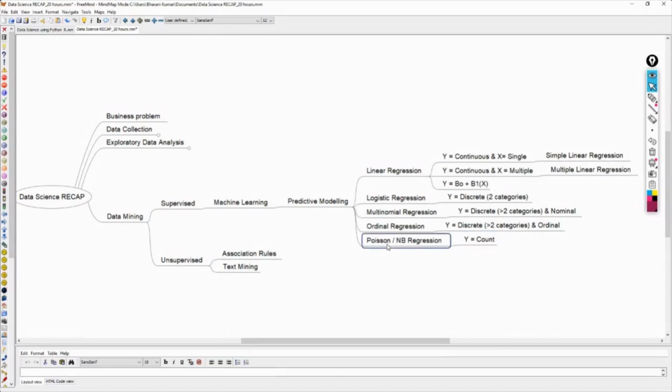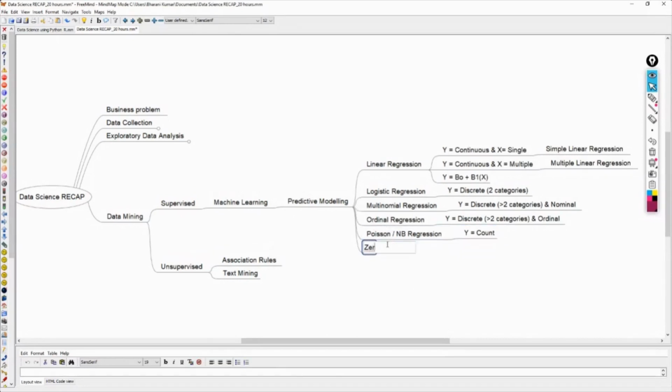These are all the advanced techniques. And you also have another technique called as zero inflated Poisson or zero inflated negative binomial or hurdle model. Our participants learn about all of these. I mean, when I say our, you are also our participants, but as part of a regular training, right?